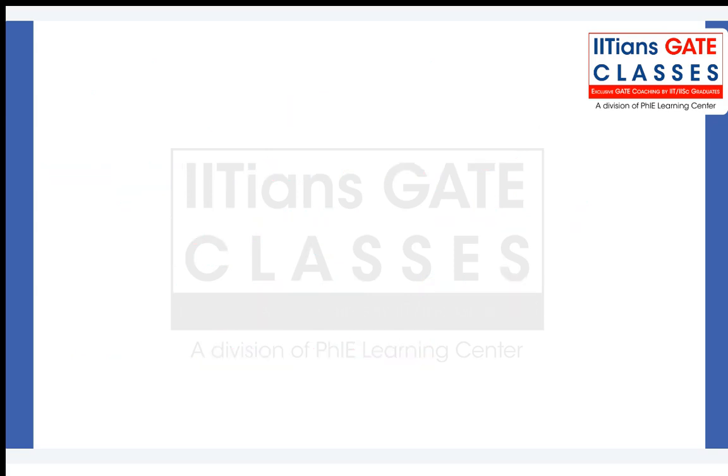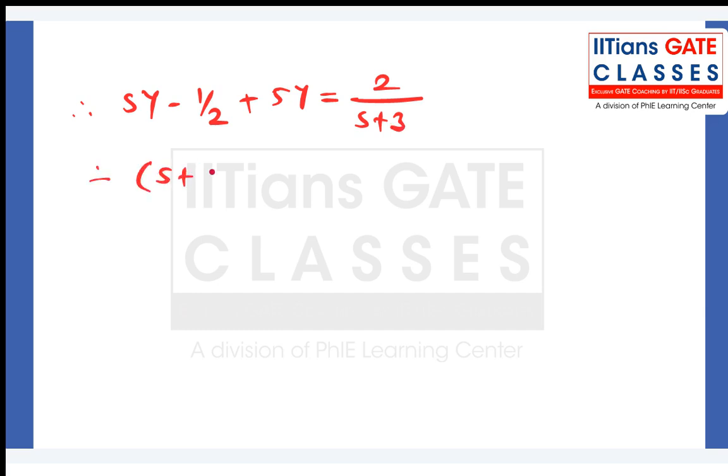Therefore this is s into Y minus half, because y of 0 is half, and then you have plus 5Y equal to 2 by s plus 3. Then you can simplify this. So s plus 5 into capital Y will be 2 by s plus 3 plus half.